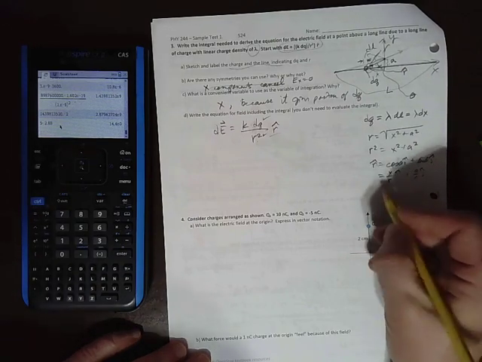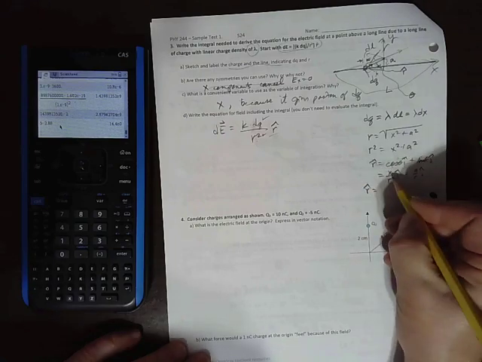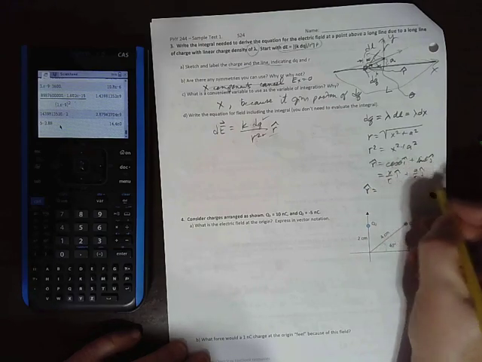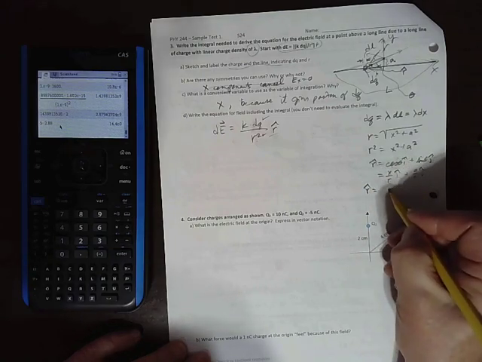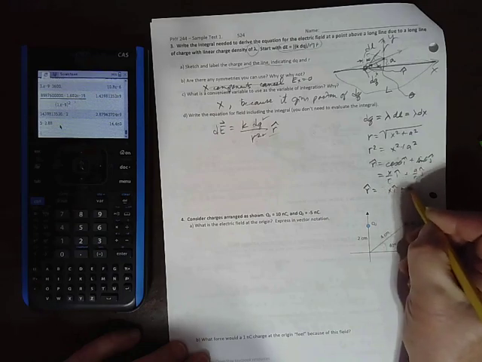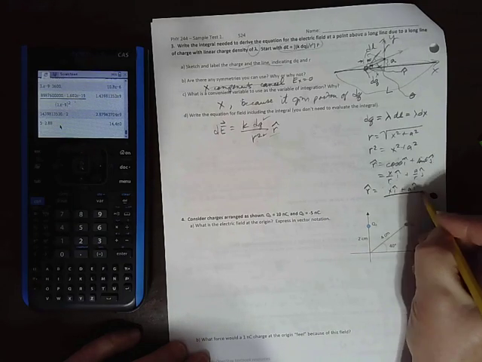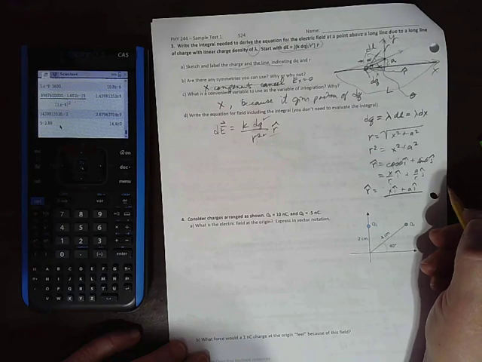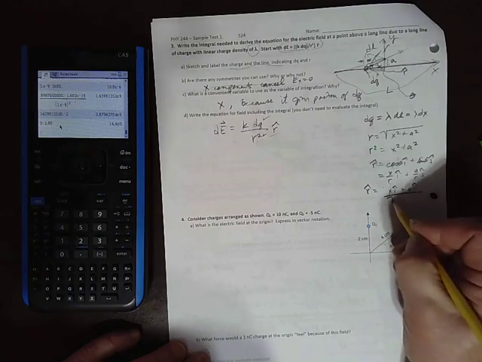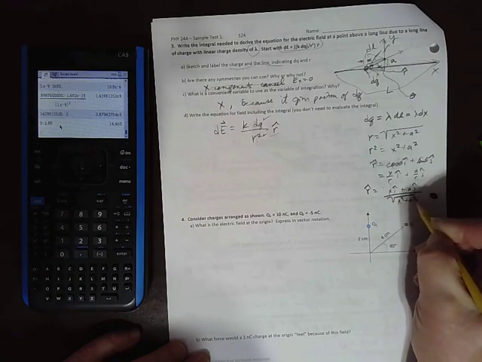Okay, so r hat is, well, we've got an r in both of them, so we can say x i hat plus a j hat over r, which is the square root of x squared plus a squared.